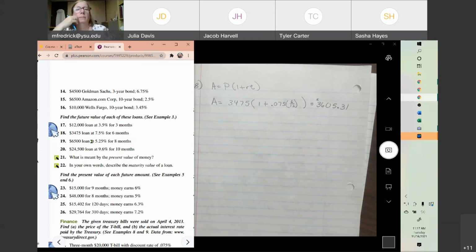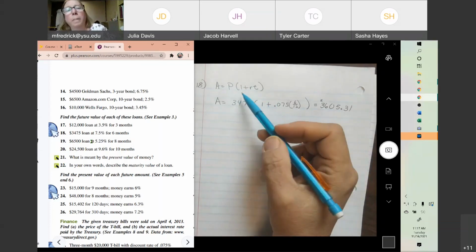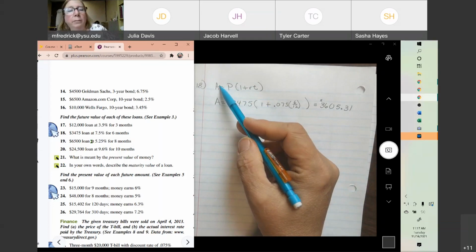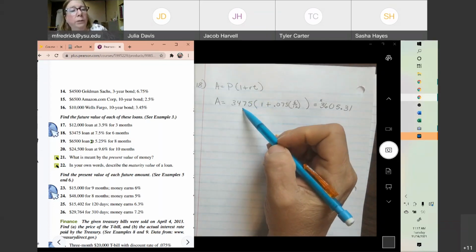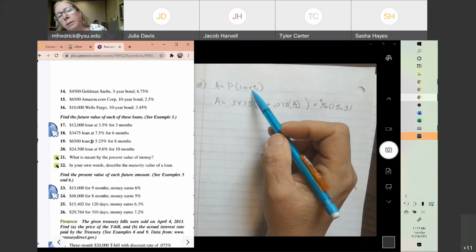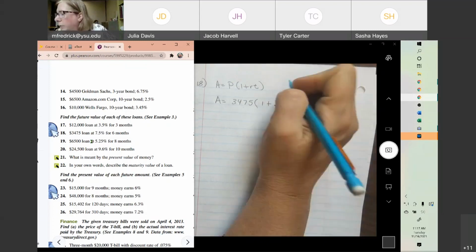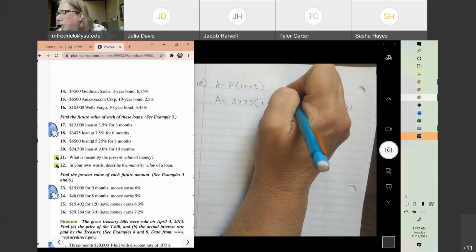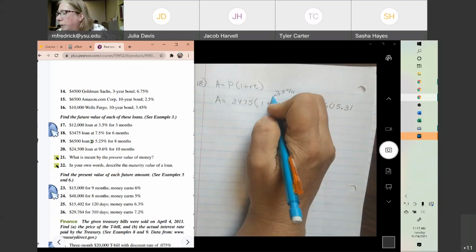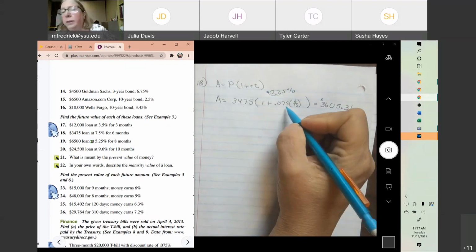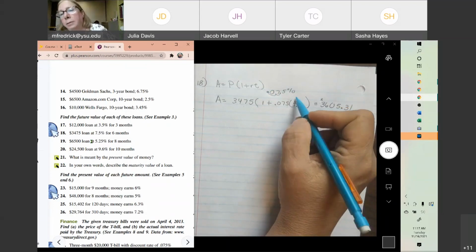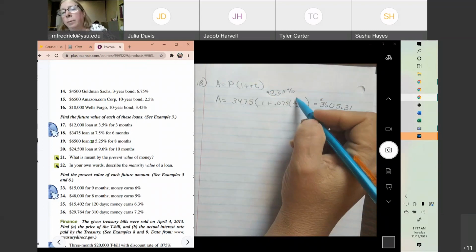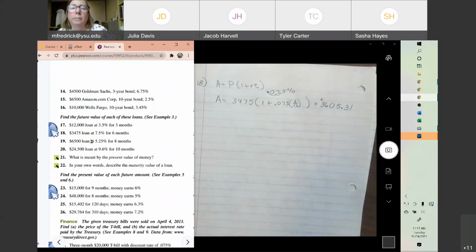Could you go over it? So we're looking for future value. P is our starting amount because we're starting with $3,475. Then we're using 1 plus R as a decimal. So this was 7.5%. You move it left to 0.075. And then it was 6 months. And T is in years, so that would be 6/12 of a year.